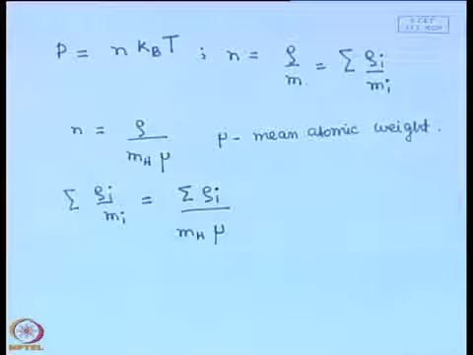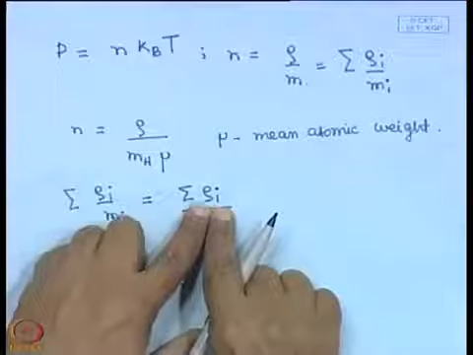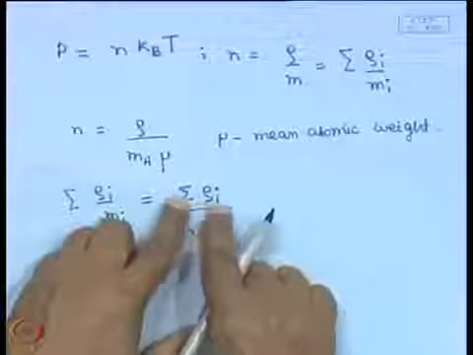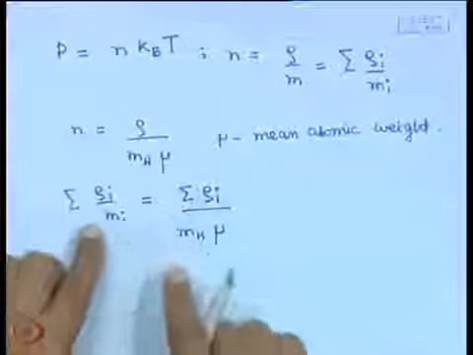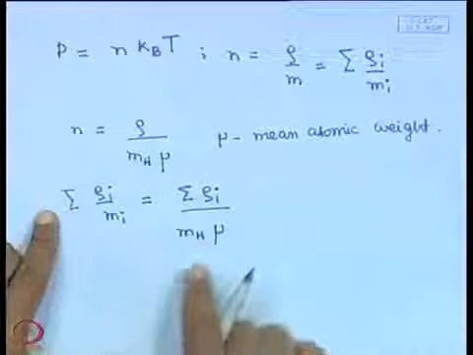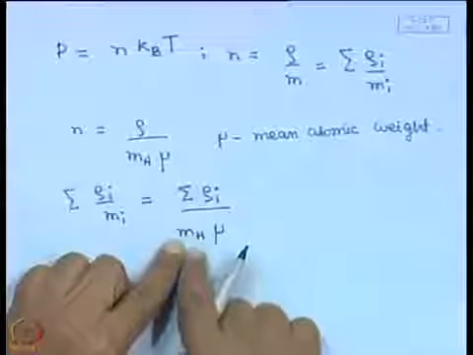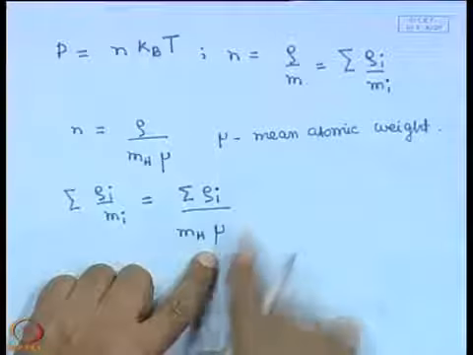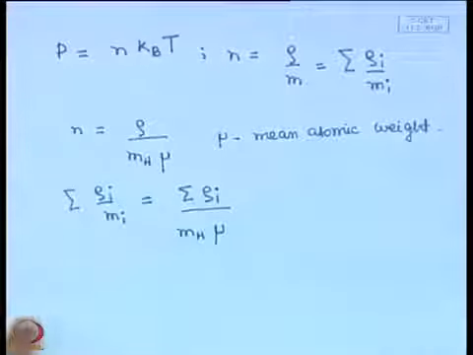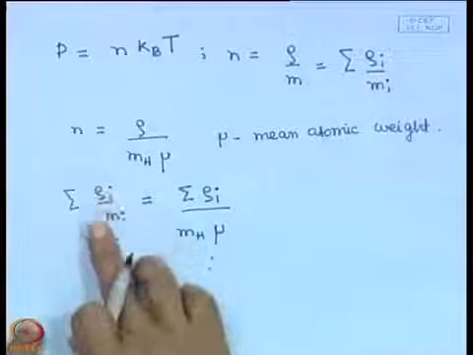That is what we have done. If there are many components, the density of all the components summed is the total density rho, and the number density we have expressed like this. So it is the total density divided by the mass of the hydrogen atom divided by the mean atomic weight. We have just expressed this term like this.